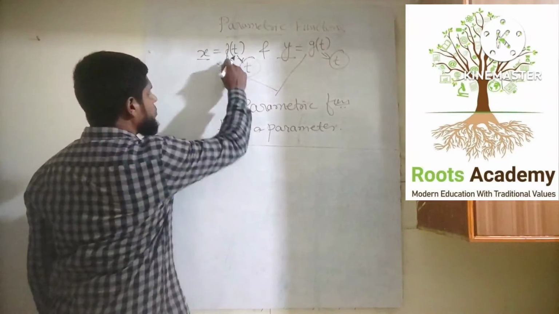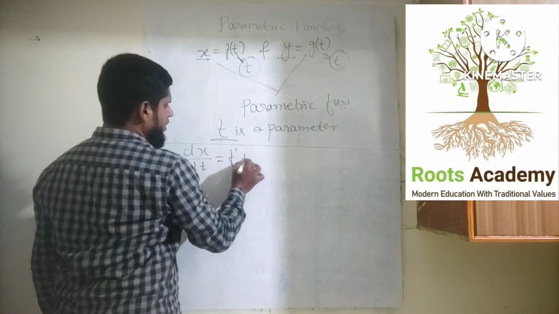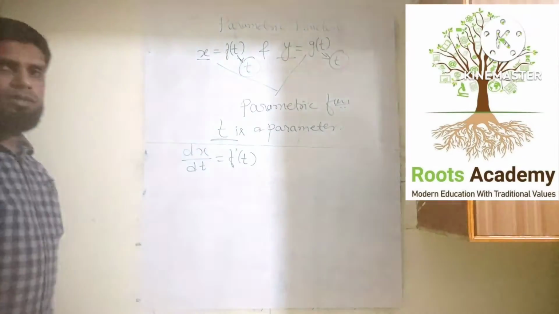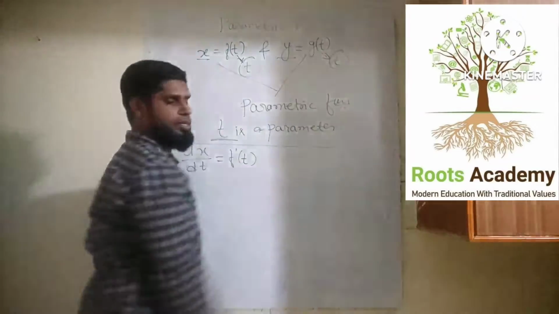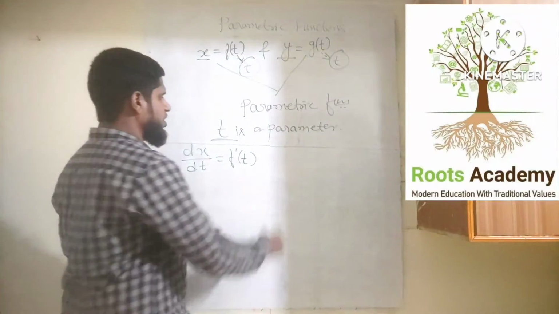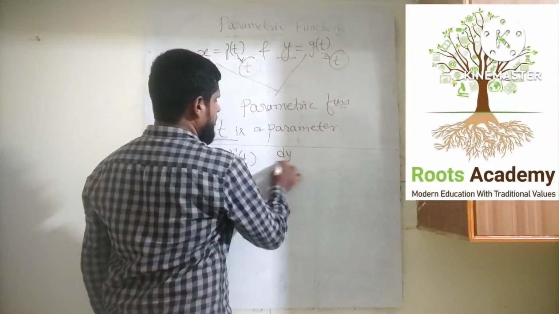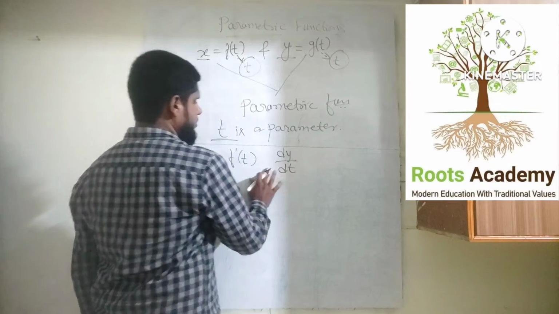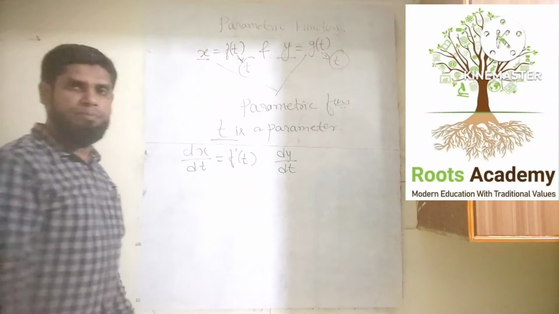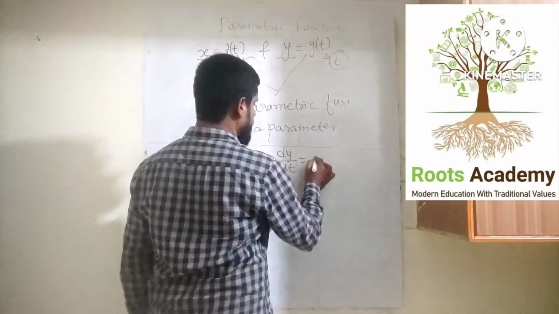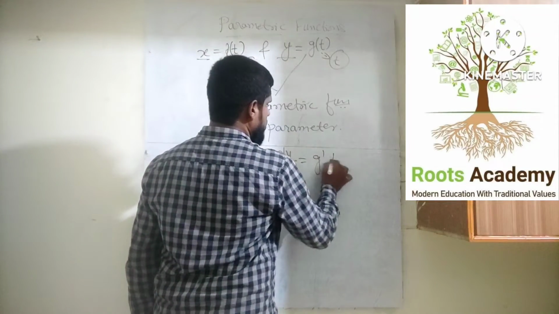So dx by dt is equal to f dash of t. Next, y is dependent on t, so we can differentiate y with respect to the time variable t. This is equal to g dash of t.